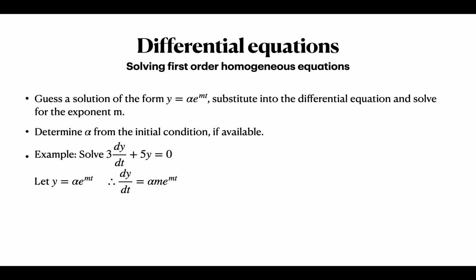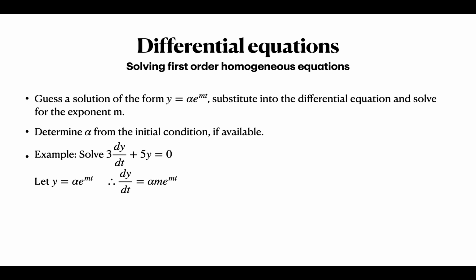When you differentiate alpha exponential mt, you get alpha m exponential mt, because when you differentiate the exponential, you must differentiate inside the exponential with respect to t, and you get m. So if y is equal to alpha exponential mt, dy dt is alpha m exponential mt.